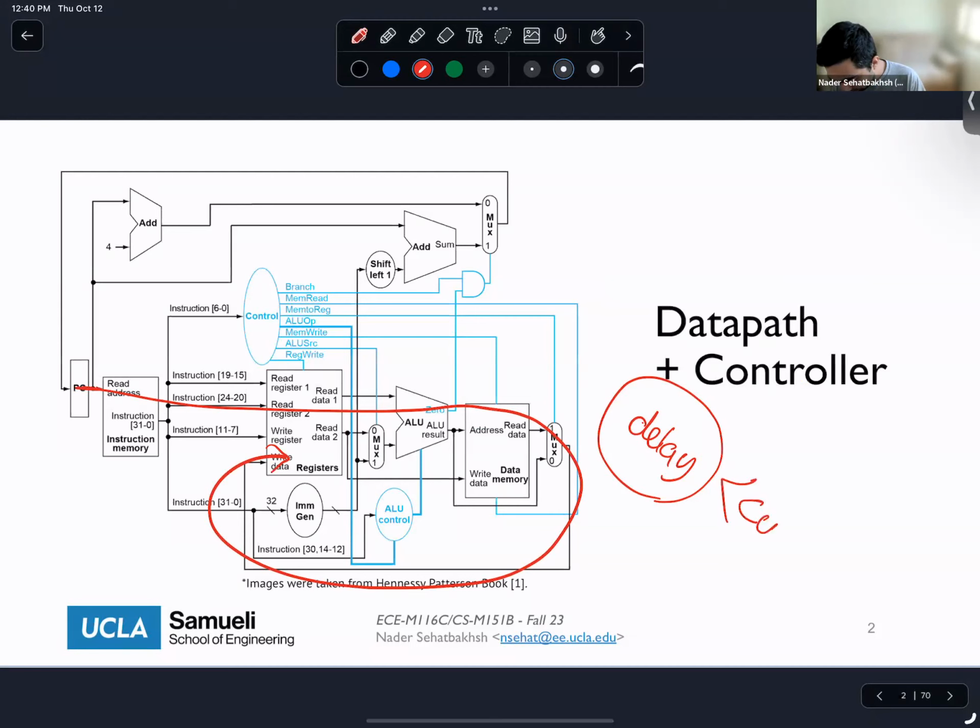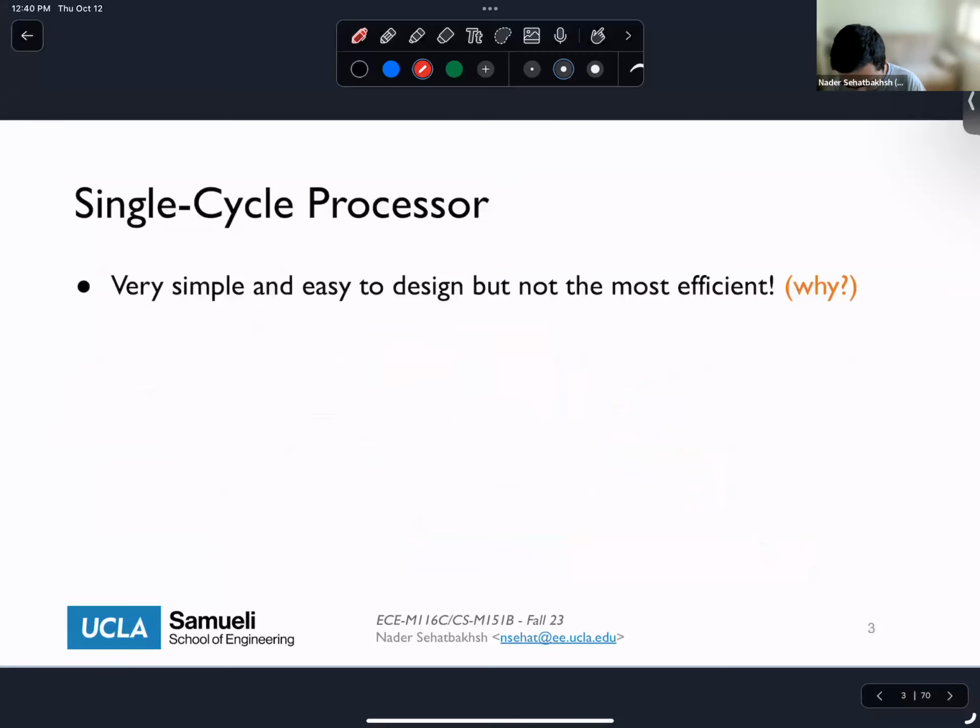Because if I do that, then I make sure that nothing bad happens. Things are settled down, things are working great, and so on and so forth. And I'm going to keep doing this for every single instruction that I have in my data path and controller, okay? Very simple and easy, but it's not the most efficient. And now we're going to focus on why this is not the most efficient. And of course, the more important question is, what can we do in order to make this more efficient?